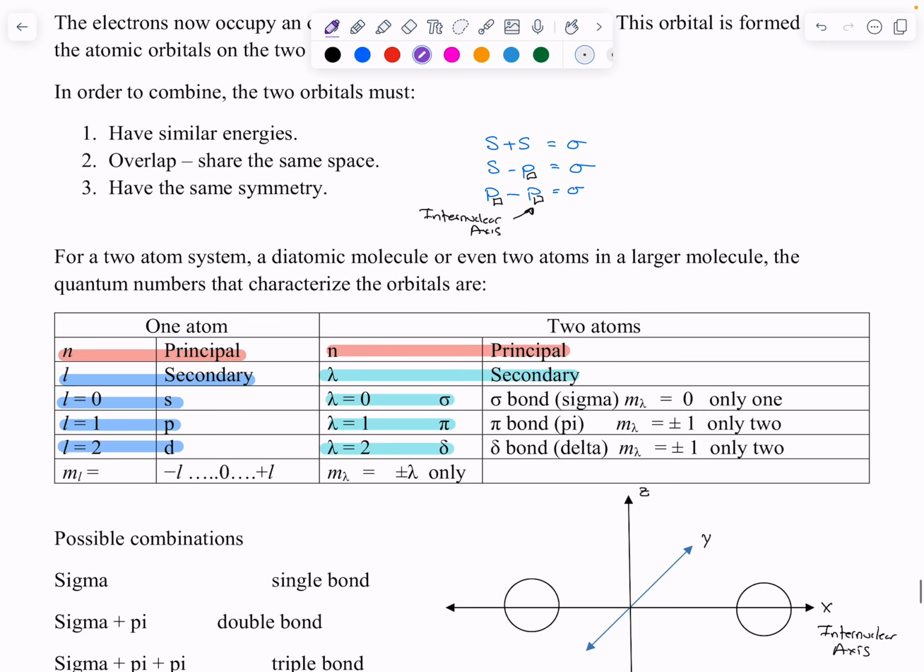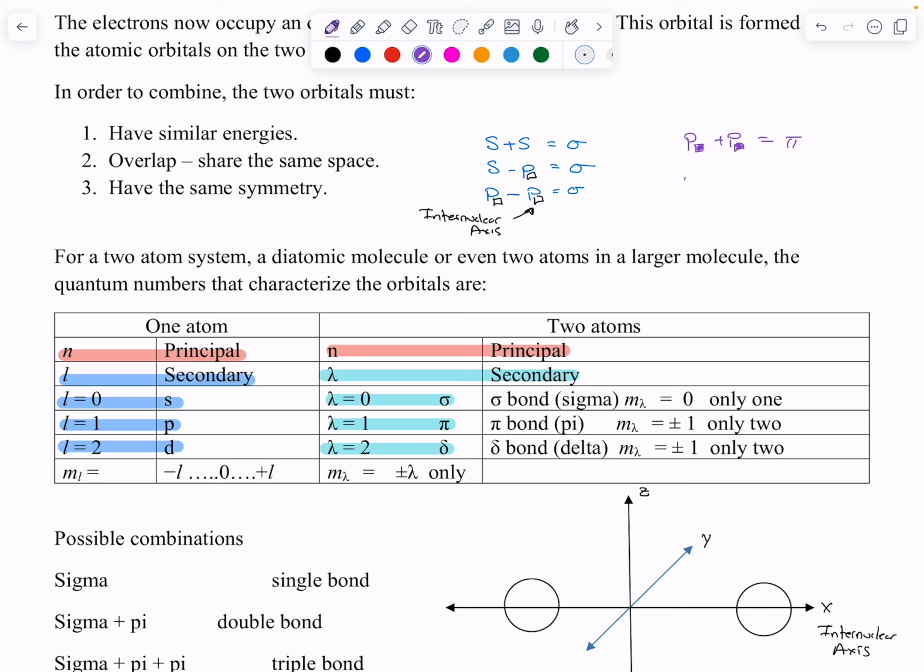For a double bond, it would be the sigma and a pi. A pi bond would be a p something plus a p something. I'm going to fill these in so that you know they're not on the internuclear axis. That's a pi, and we're also going to have a pi on the third bond.